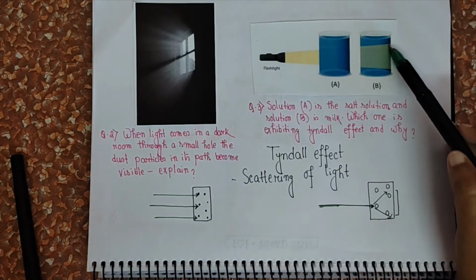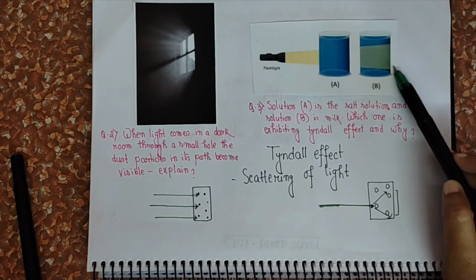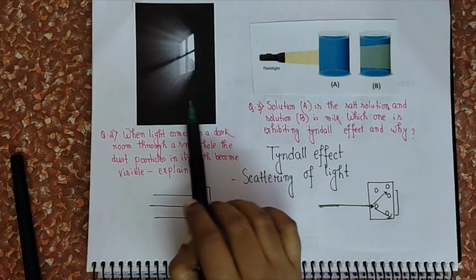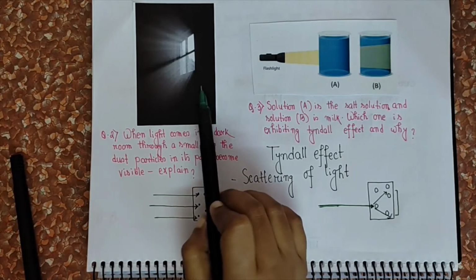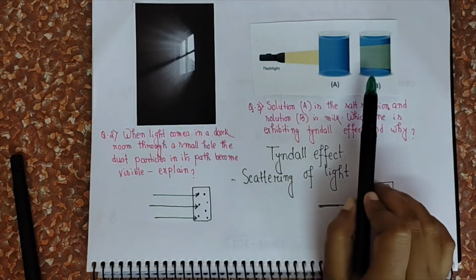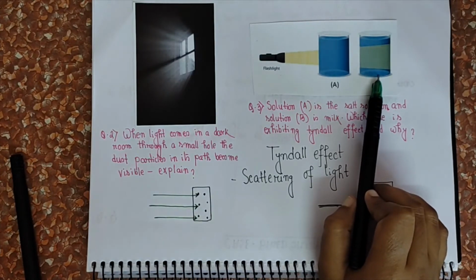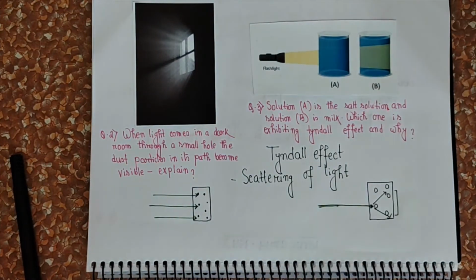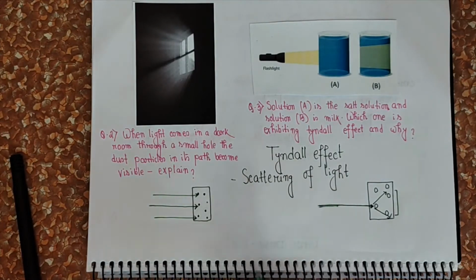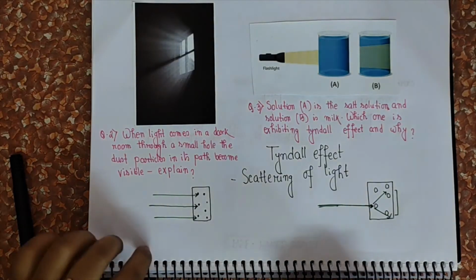So here in the milk you can see the Tyndall effect, or the path of the light. And this is the case with sunlight also in the dark room, because here dust and the insoluble fat particles act as the colloidal particles, and only colloids can show the Tyndall effect, that means scattering of light. Now let us move to the next question.